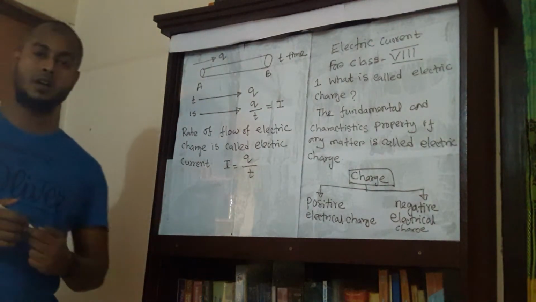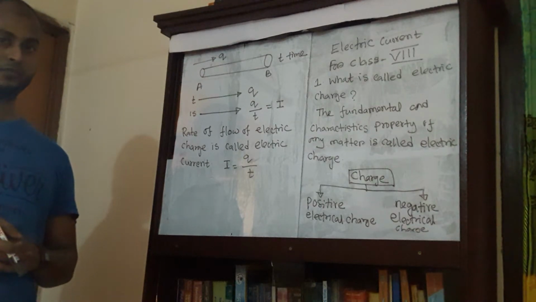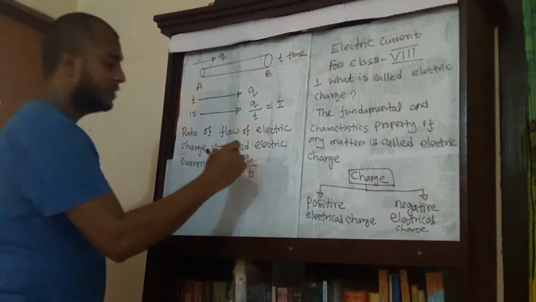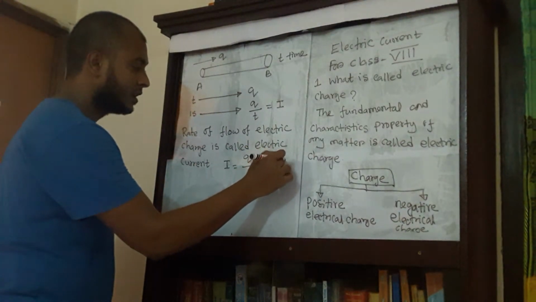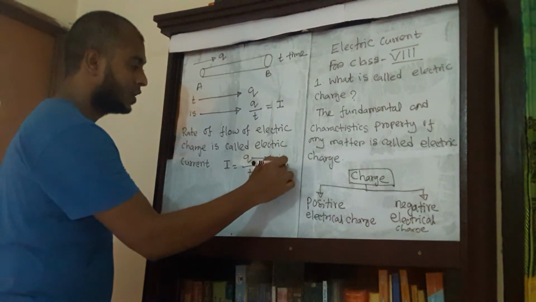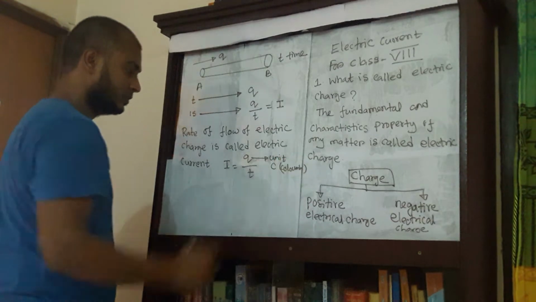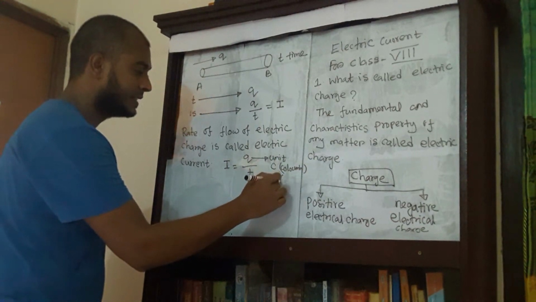In the next segment, I have to know what is the unit of electric charge. Boys and girls, from class 7, you already know the unit of electrical charge is coulomb, C-O-L-O-U-M-B. And the unit of time is second.